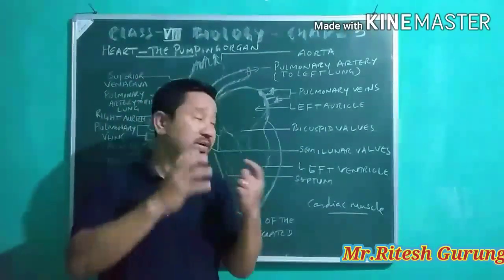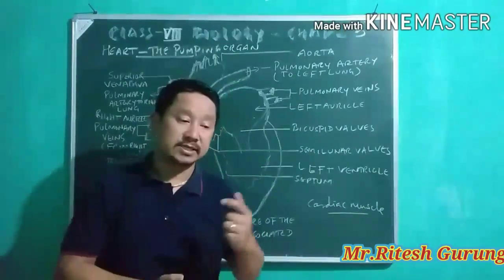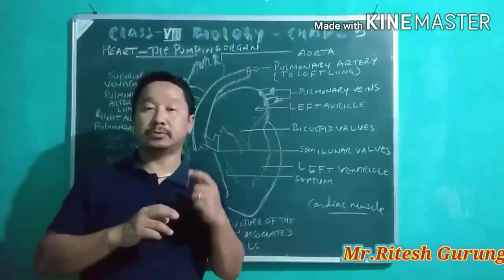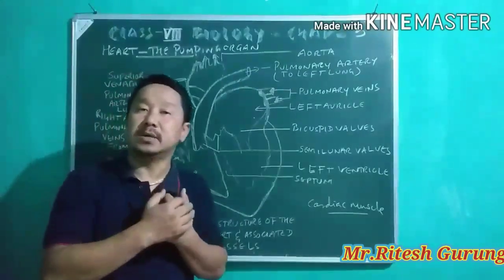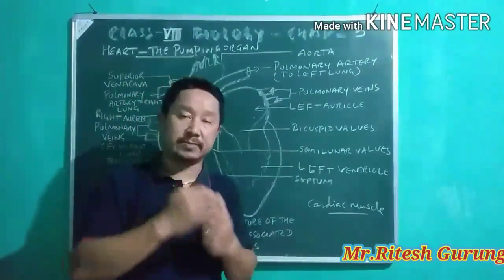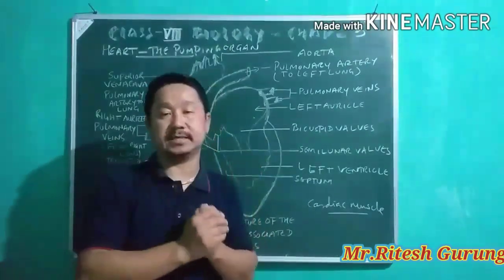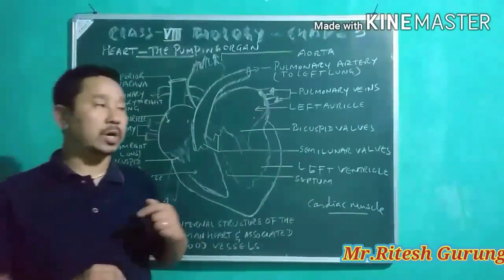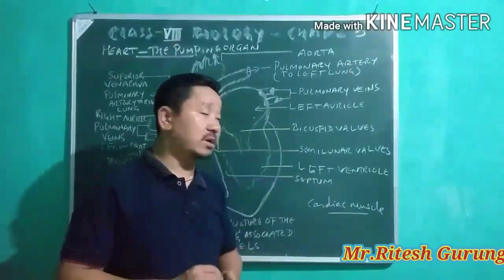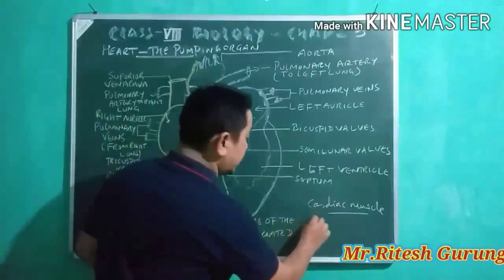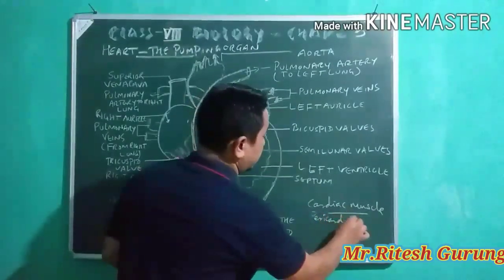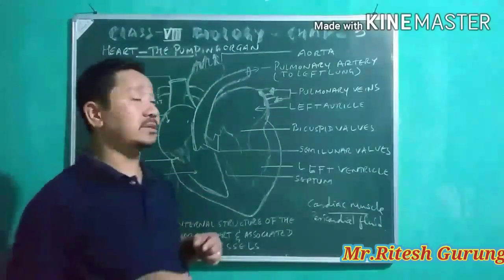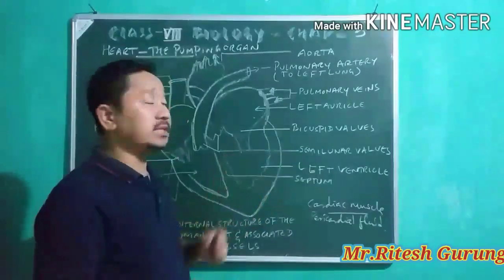The case within which it is enclosed is made up of two membranes, and between these two membranes there is a kind of fluid to avoid friction. That fluid is called pericardial fluid.